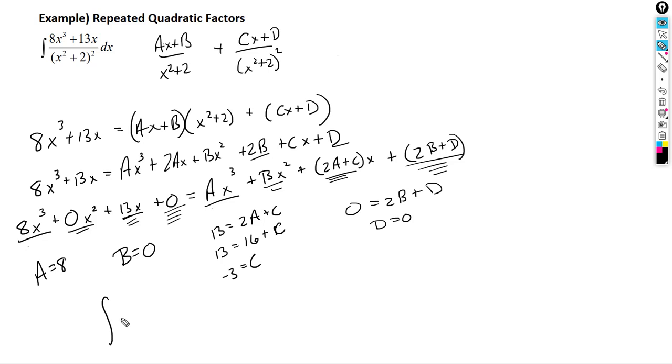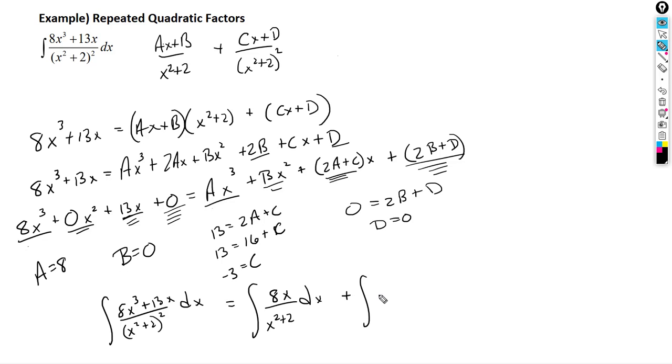My integral of 8x to the 3 plus 13x over x squared plus 2 squared dx is equal to the integral of 8x over x squared plus 2 dx, because b is 0, plus the integral of negative 3x, because d is also 0, over x squared plus 2 squared dx. So I split that up in that way.